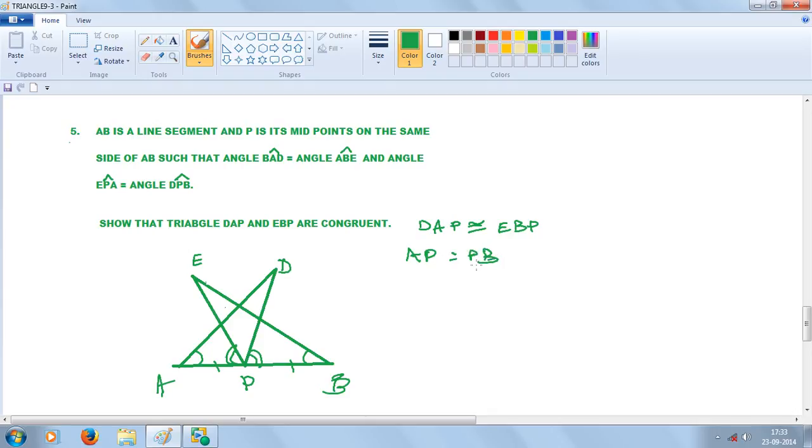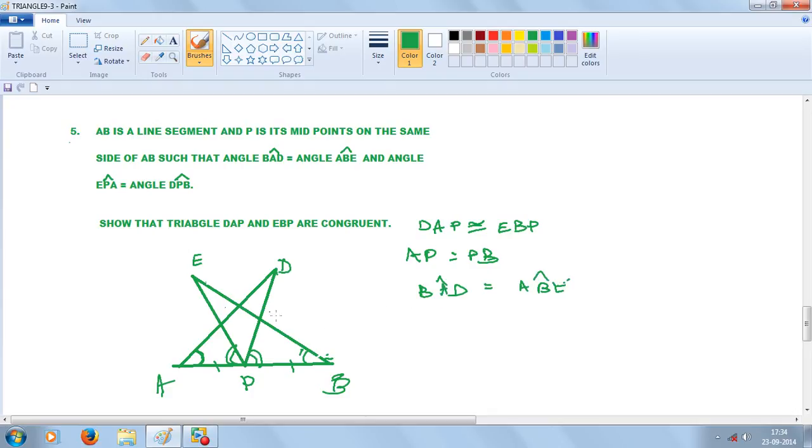D and E are on the same side of AB, such that angle BAD is equal to angle ABE.